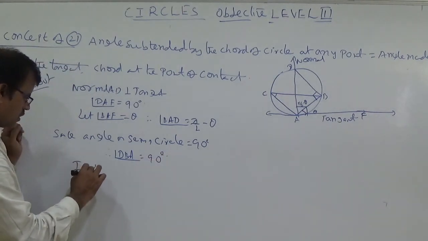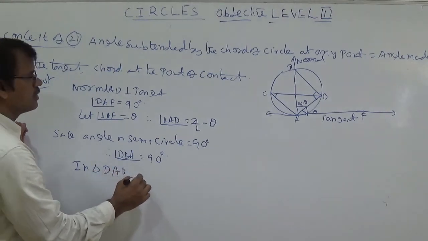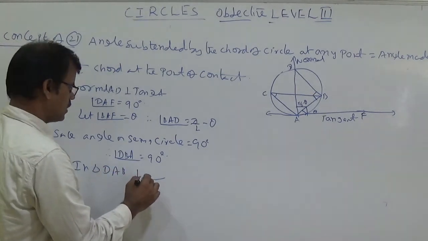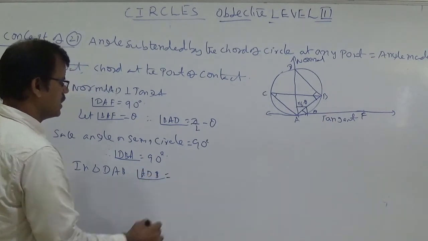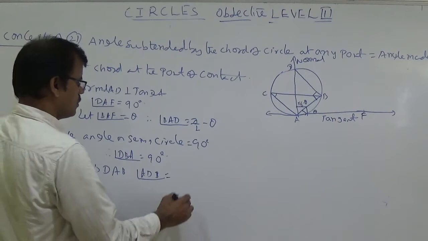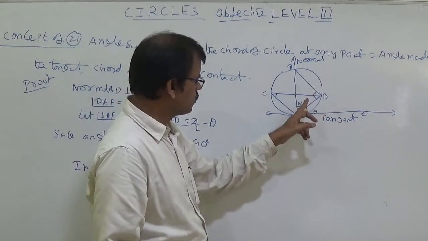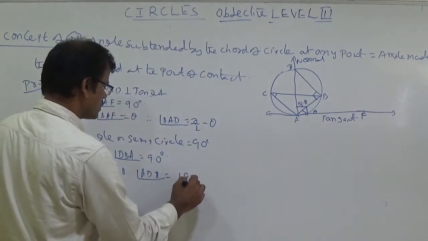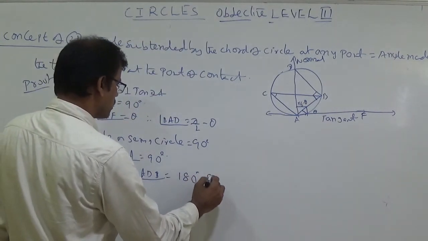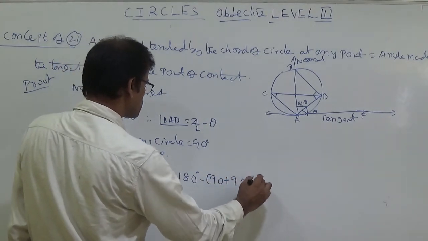Now, in triangle DAB, we need angle ADB. You can say that the sum of the angles in any triangle: this is 90, we know, this is 90 minus theta, we know. So angle ADB is 180 minus of (90 plus 90 minus theta).